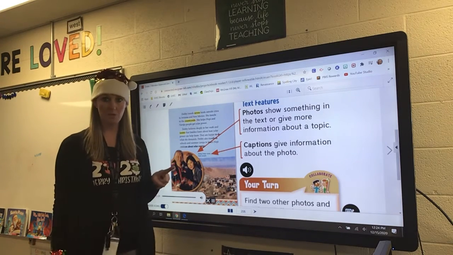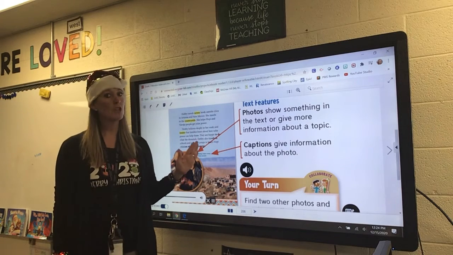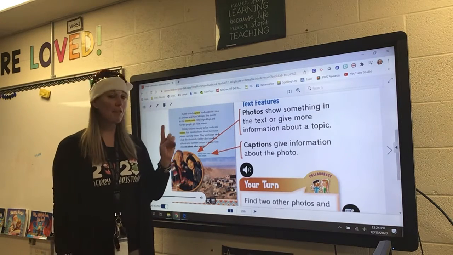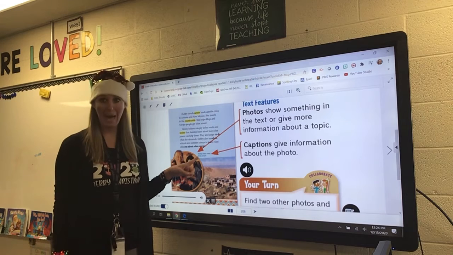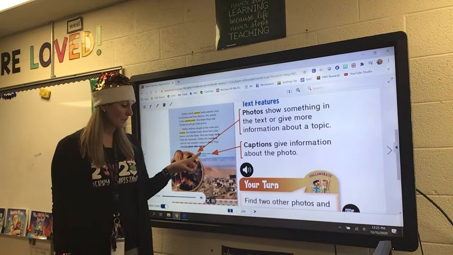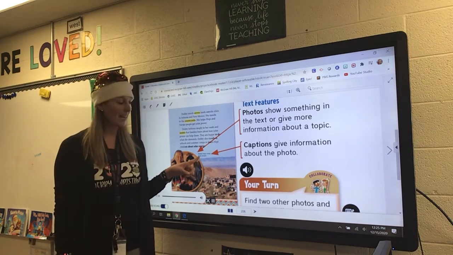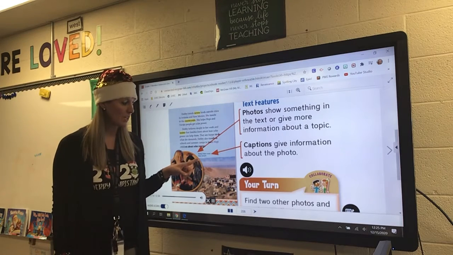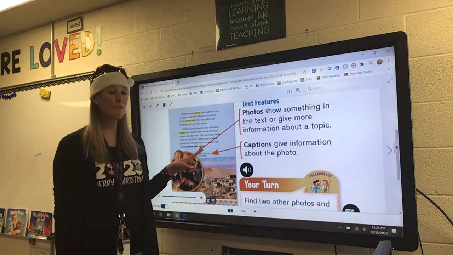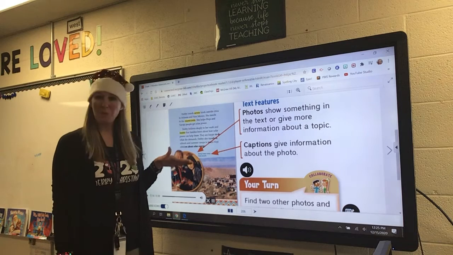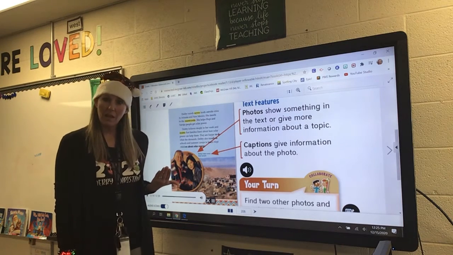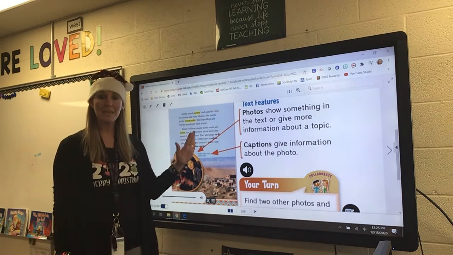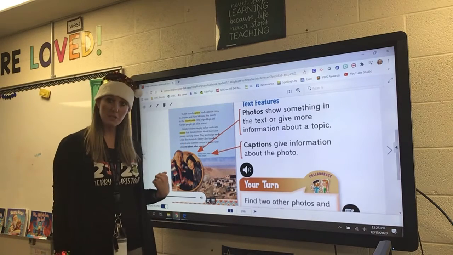For example, photos. If there's any photos, you should look at the photos and then look for this caption. So this right here is the caption, and a caption gives information about the photo. Because sometimes we want to learn more about the picture, and they don't necessarily tell us in the text up here about the picture.